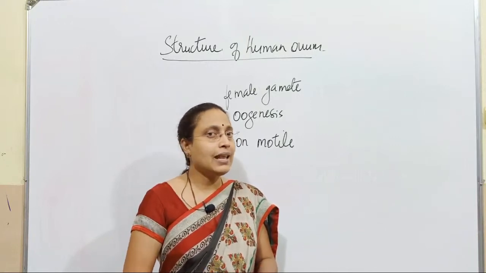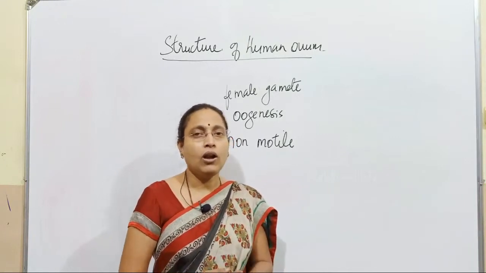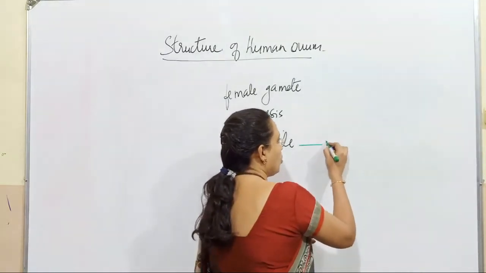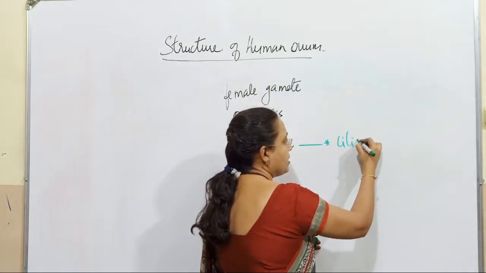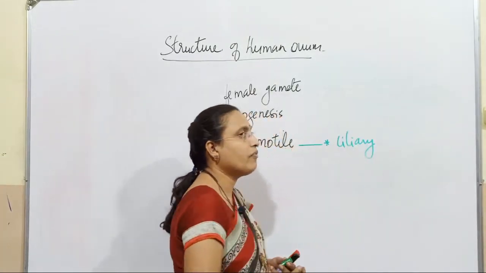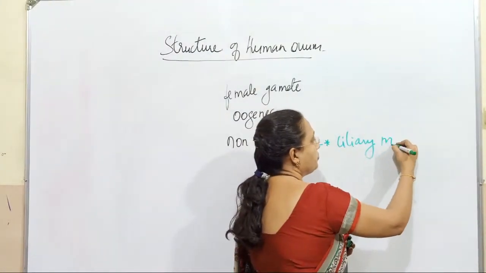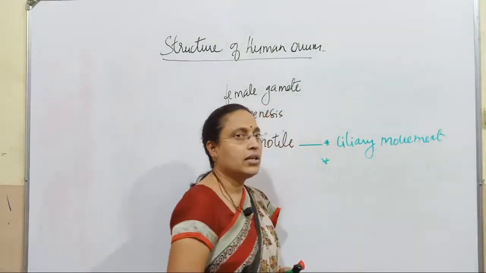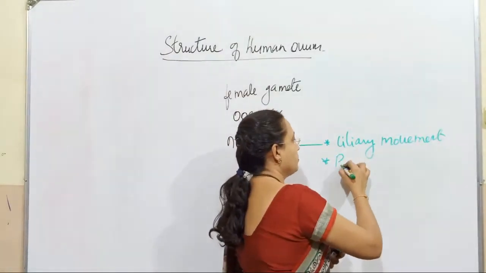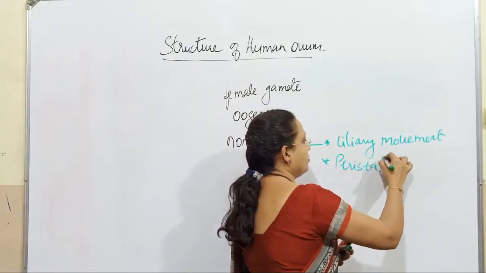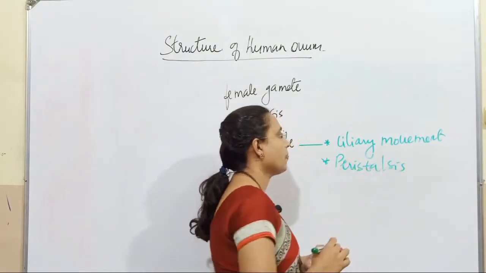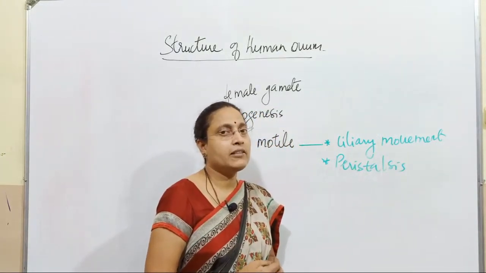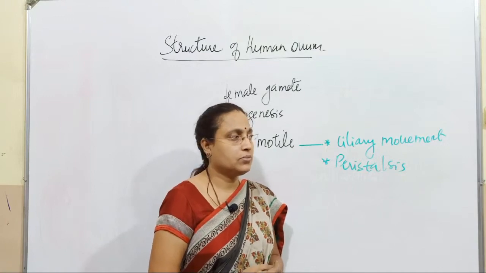But a single cell, when seen, is actually a non-motile female gamete. So the reasons are ciliary movement in the epithelium of the fallopian tube, and second, peristalsis. These two are the reasons why the ovum can move within the female reproductive tract.